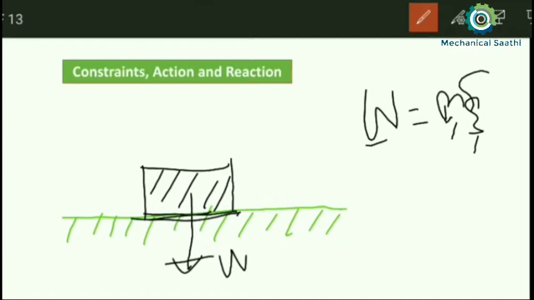So W will also be constant. So the weight of that body is given as W.